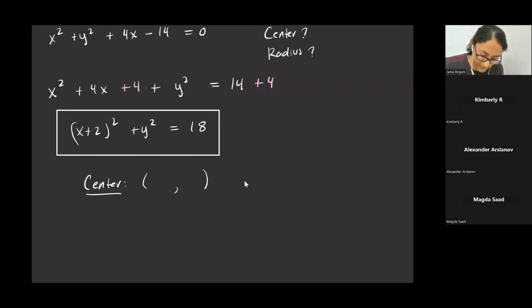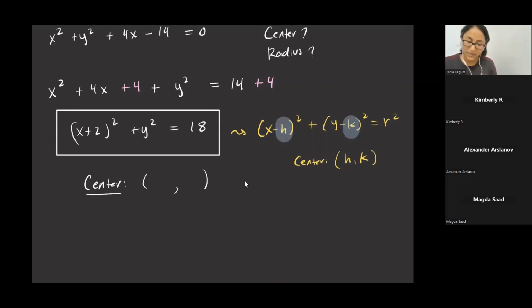Well, not exactly. This looks like x minus h squared plus y minus k squared equals r squared, the standard form of a circle where the center is h comma k, and this number is r squared. So the x coordinate of our center is the opposite of what's shown. For the y variable, there is nothing next to it, so you can write it as y minus 0 squared.